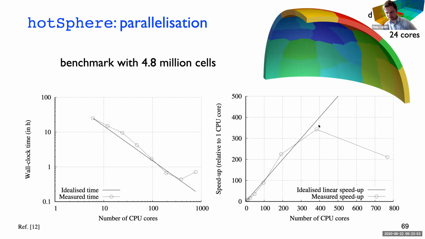Actually, it's probably a little bit better sometimes as well, because I think it's probably closer to 10,000 cells per core. So it's pretty good scaling. If you're running on 380 cores, it takes about half an hour, where it takes about 24 hours if you're running on 6 cores. So you get good scaling and then this typical drop off.